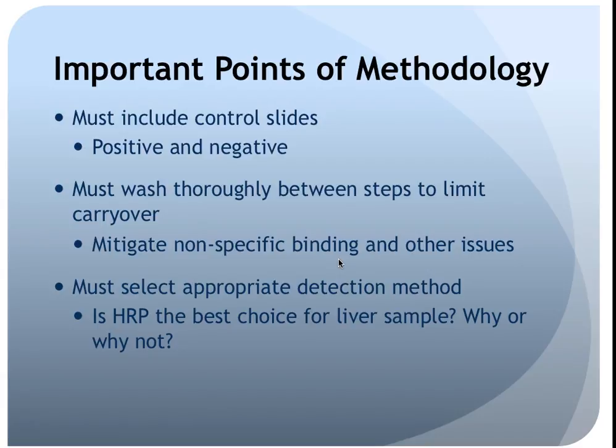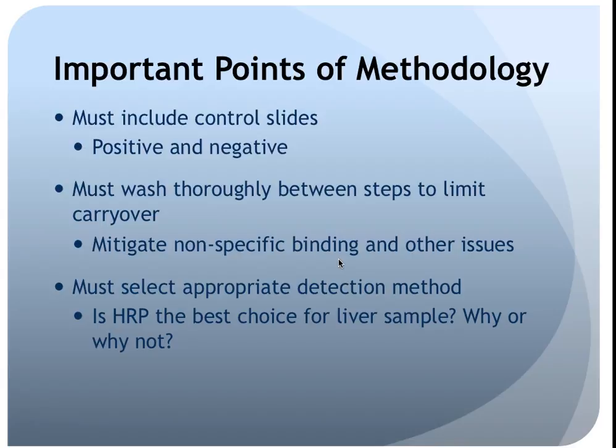Non-specifically, just because there's a lot of blood in there. So we might choose an antibody for doing immunohistochemistry in a liver sample that does not utilize the HRP enzyme, okay? Because we know that if we use this HRP enzyme, we might end up getting a lot of non-specific reactivity because there's going to be lots of peroxidase actions going on in there, okay?